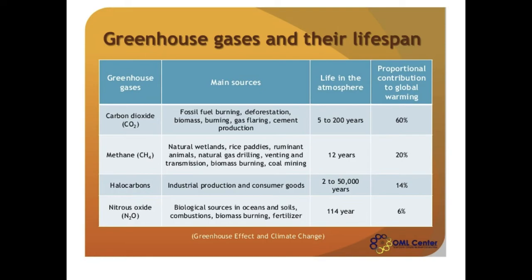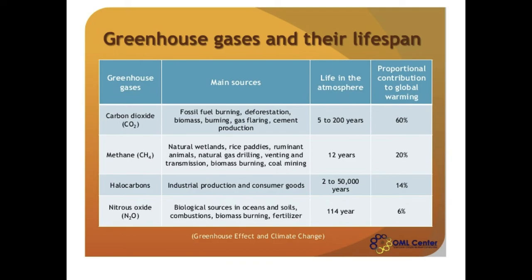Methane is the other important one because it makes up 20% of the contribution to global warming. And methane is basically the same as natural gas. So if we have leaks from drilling natural gas, that is a direct contribution of greenhouse gases to the atmosphere. It's also produced by ruminants, so like cows and sheep, and by growing rice in wet paddies.